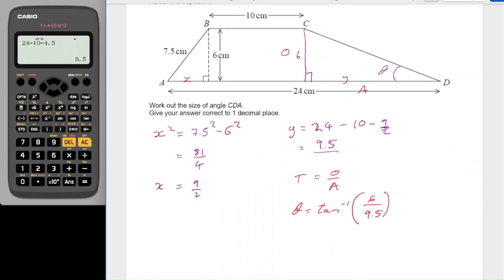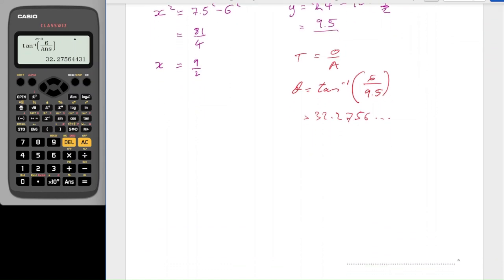So shift tan, and then I want to type it in as a fraction, 6 over my last answer. Gives me 32.2756, more accurate than needed, and then we round. So 32.3.